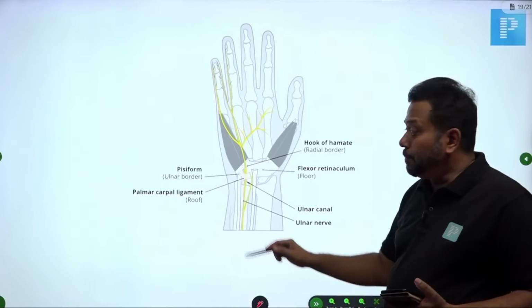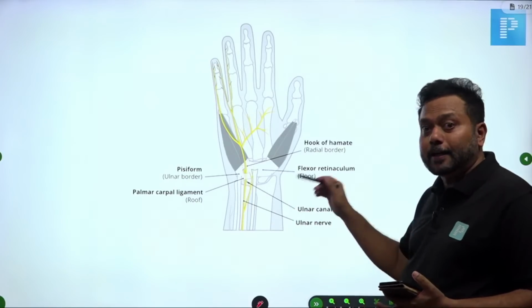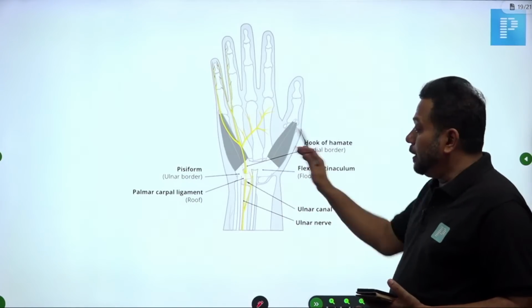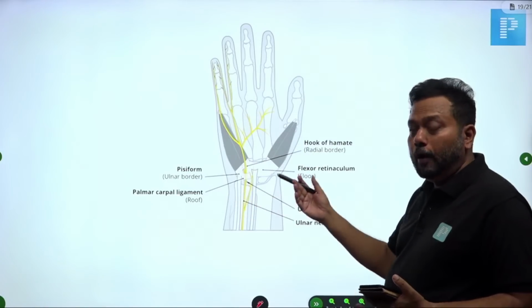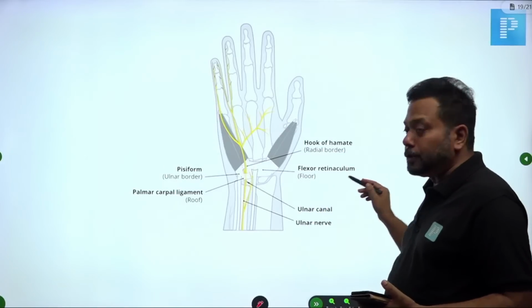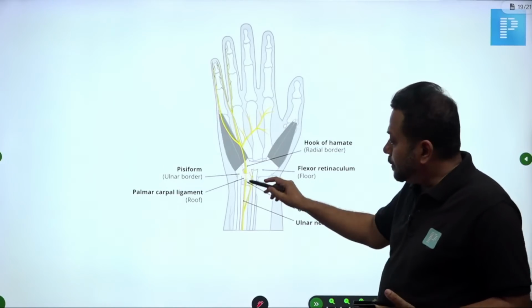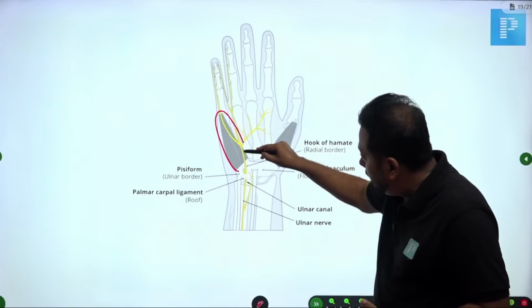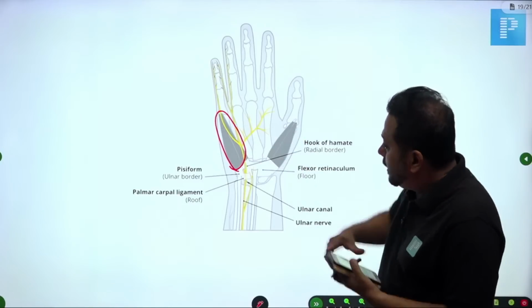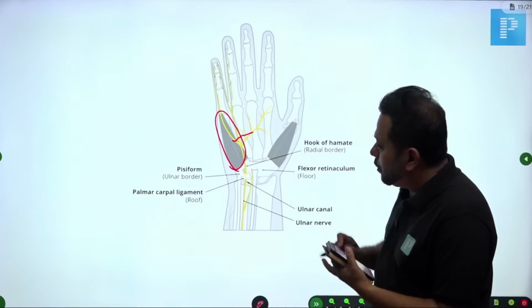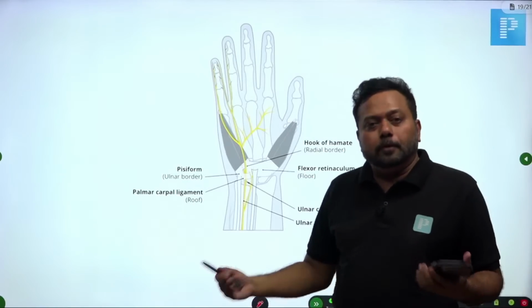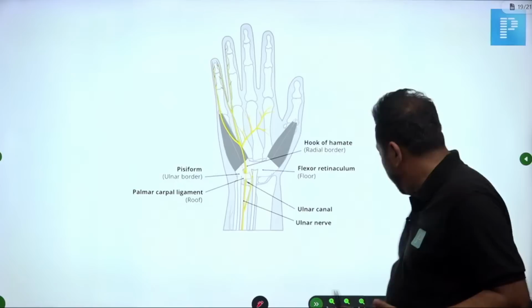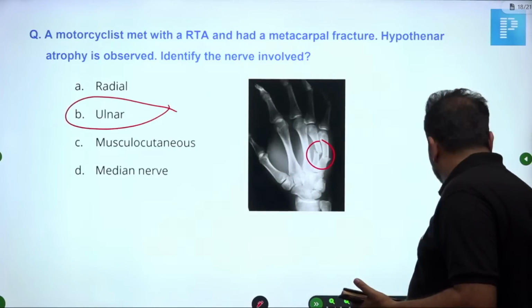The medial side is bounded by the pisiform and the lateral side by the hook of the hamate, with the palmar carpal ligament on the roof and the flexor retinaculum on the floor. So compression of this can cause atrophy and wasting of the hypothenar muscles. Here the fracture has happened, so there is a high chance of compression. So ulnar nerve is the answer.